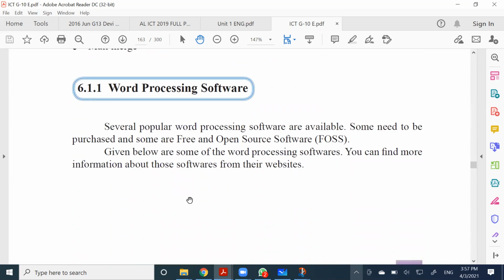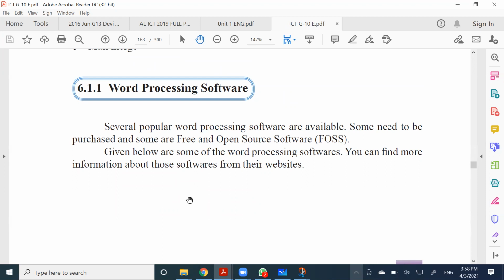So from this point onwards, they are introducing us to the different kinds of word processing software. And remember, people, like every other software, there are two types of word processing software, two categories, right? There are word processing programs which we have to pay for, or purchase by paying an amount.